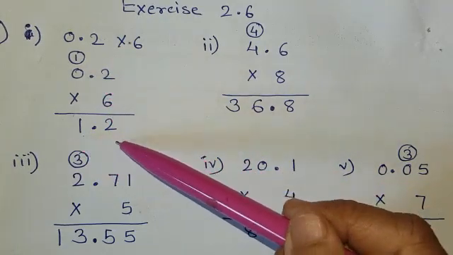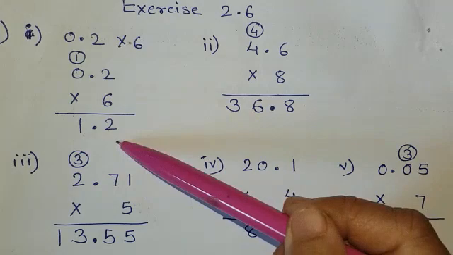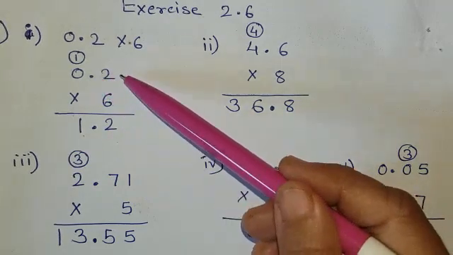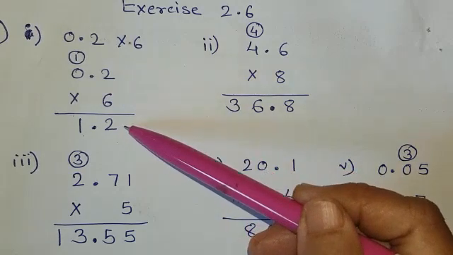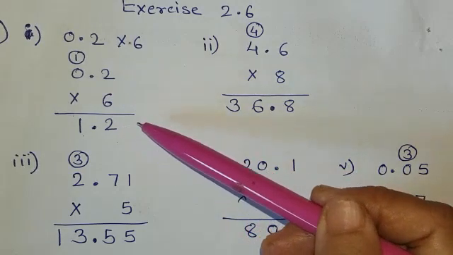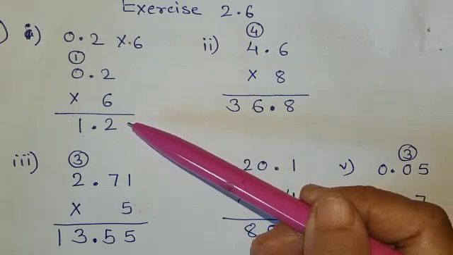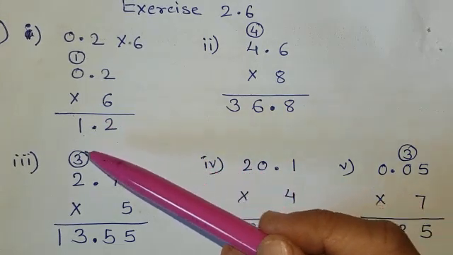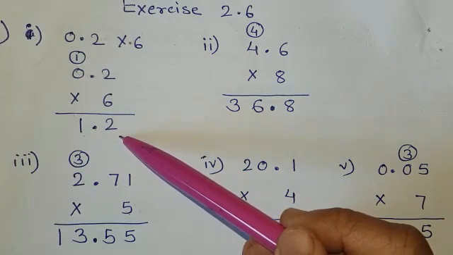When we get the final product, now let's put the decimal. See here, after the decimal point there is only one digit. So starting from your right side, this is my right side, you leave one digit and put the point. So my answer is 1.2.